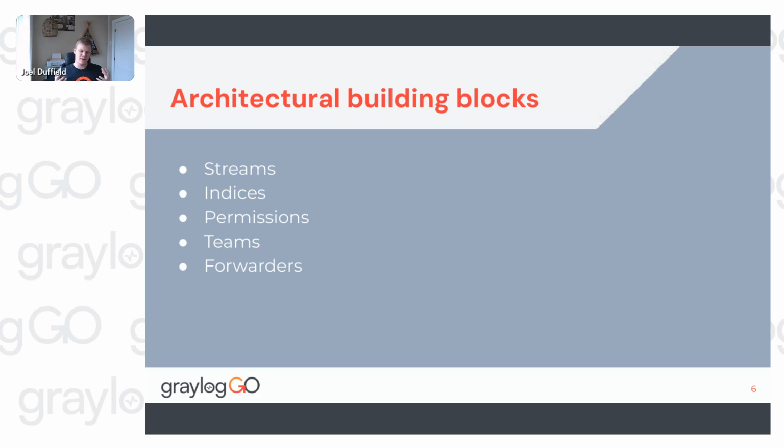A stream is a metadata collection of messages. As data comes in, we can choose what stream to route it to. Data can be a part of multiple streams, but it is a collection of generally like data. We can use it for filtering searches, but in this case, we can use it for permissioning.